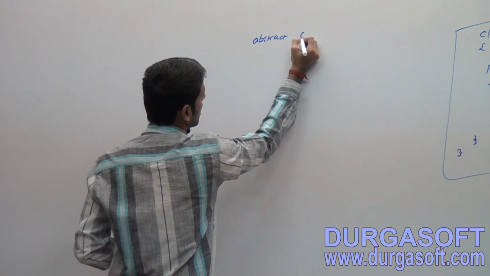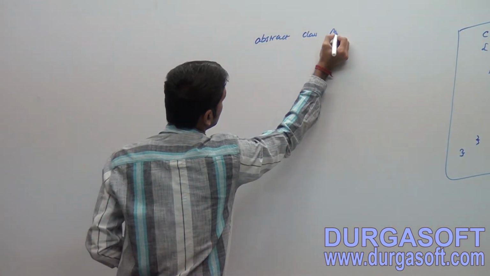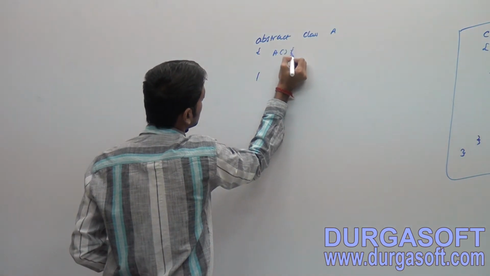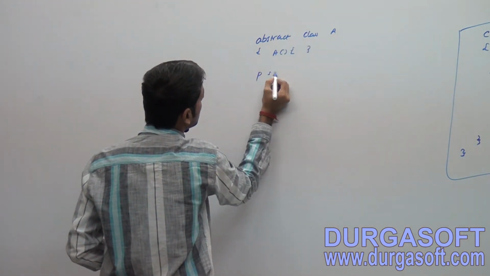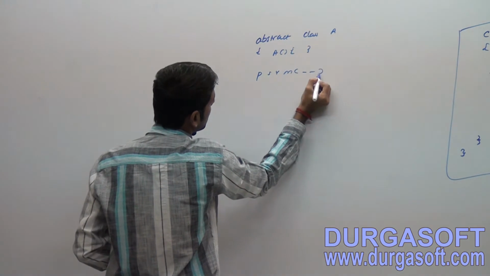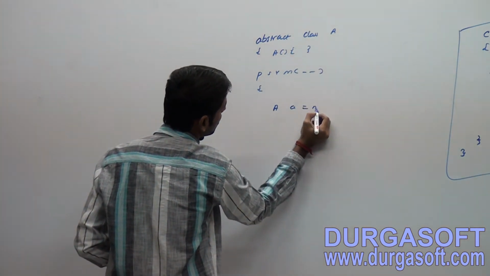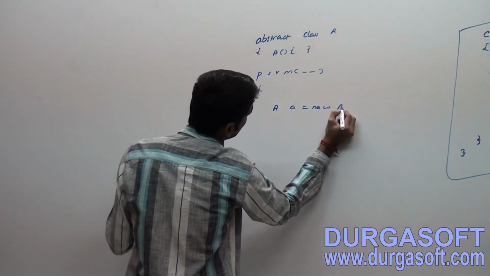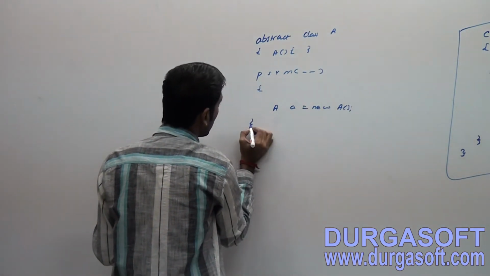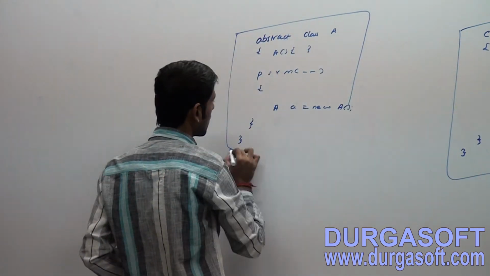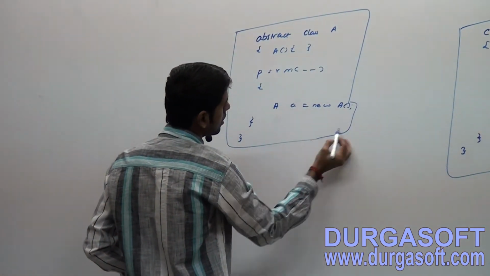Now observe here. Abstract class A. Constructor is available, public static void main. Now A a equals new A. If I compile this one, does it compile successfully?